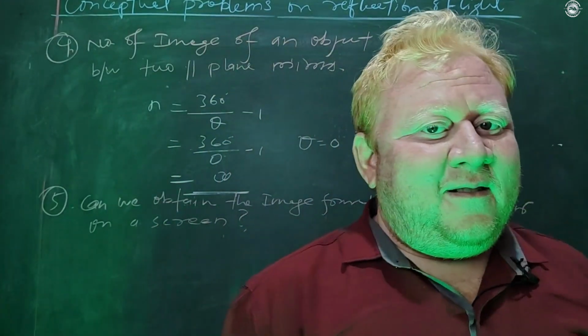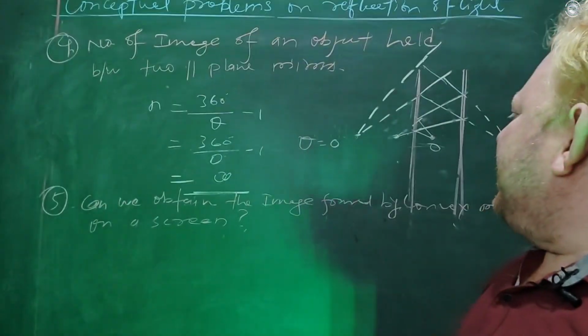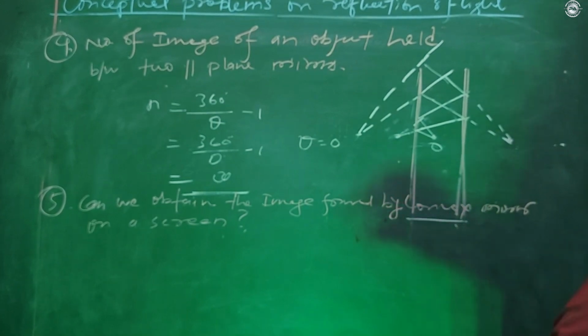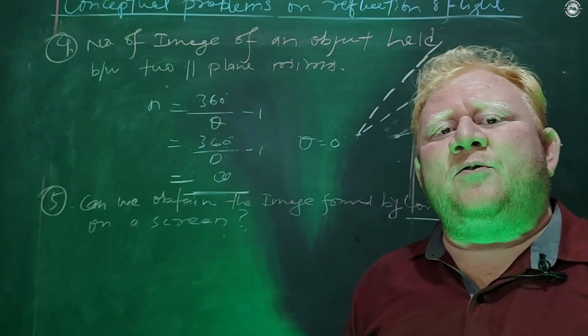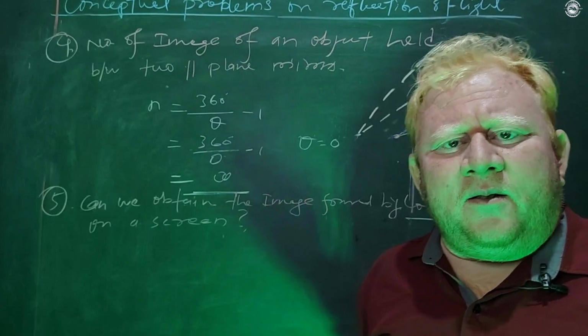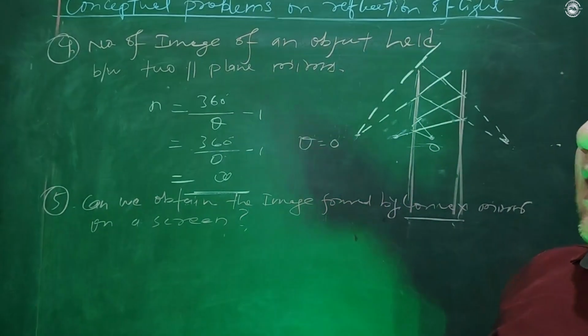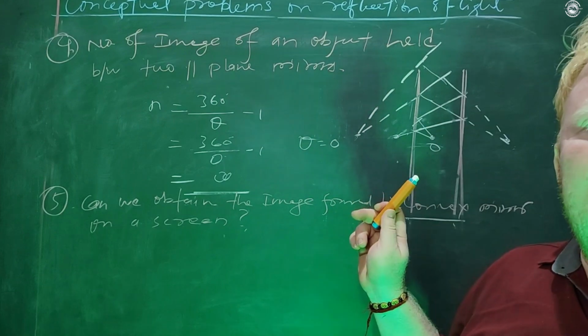Very conceptual question. You know that the image formed by a convex mirror is virtual, erect, diminished, and a virtual image cannot be obtained on a screen.